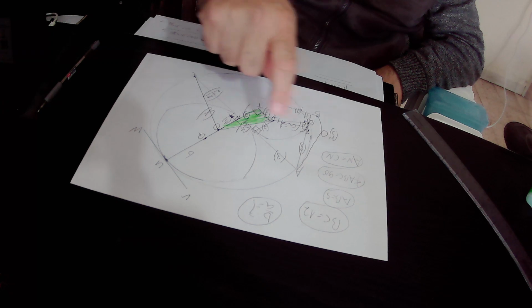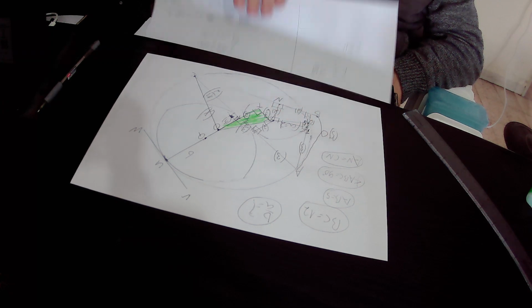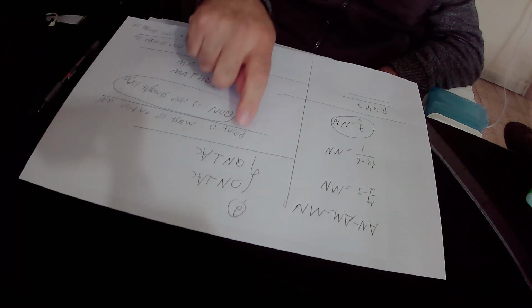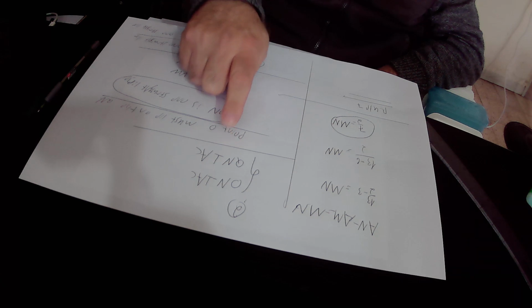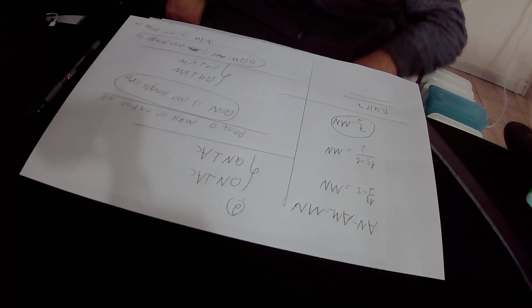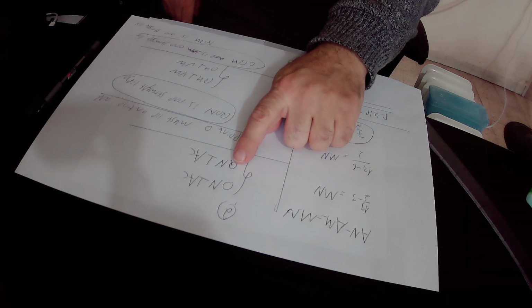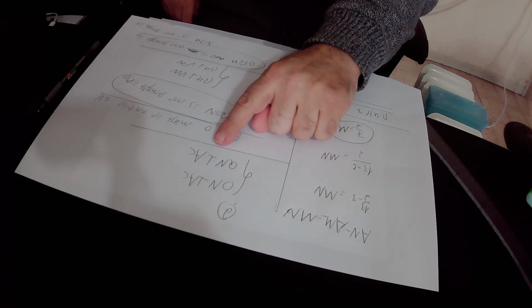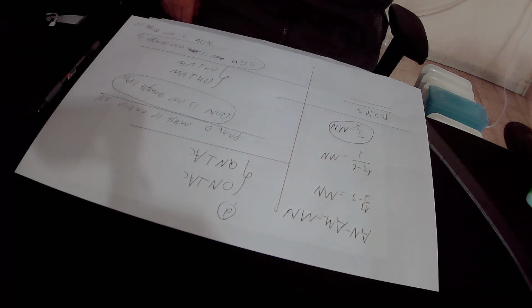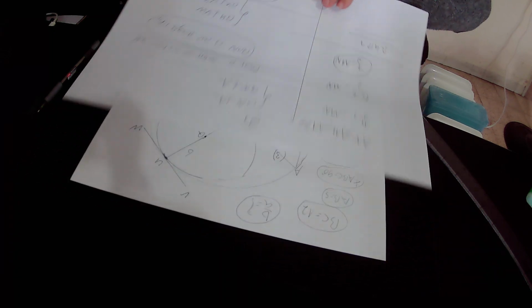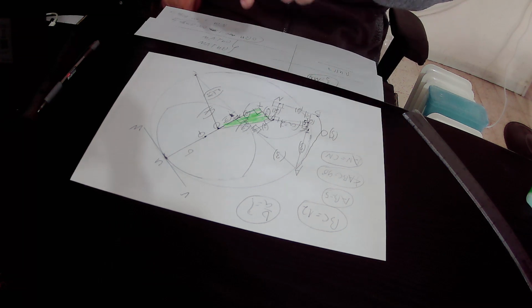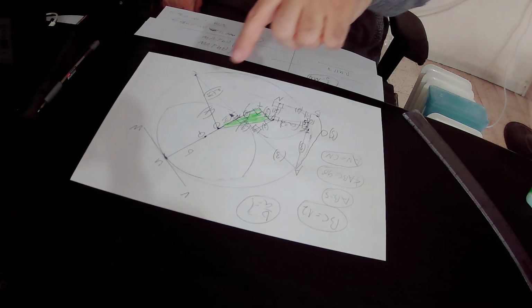So QN is also perpendicular to AC. And from those two statements, that ON is perpendicular to AC and QN is also perpendicular to AC, we derive that point O must be located on the radius QN. This point O, that is the center of the bigger circle, must be located on the radius QN.